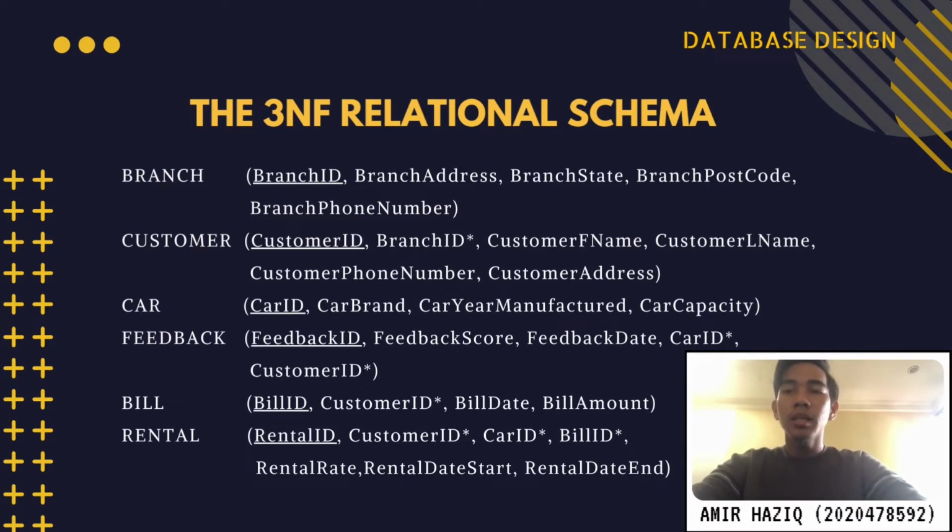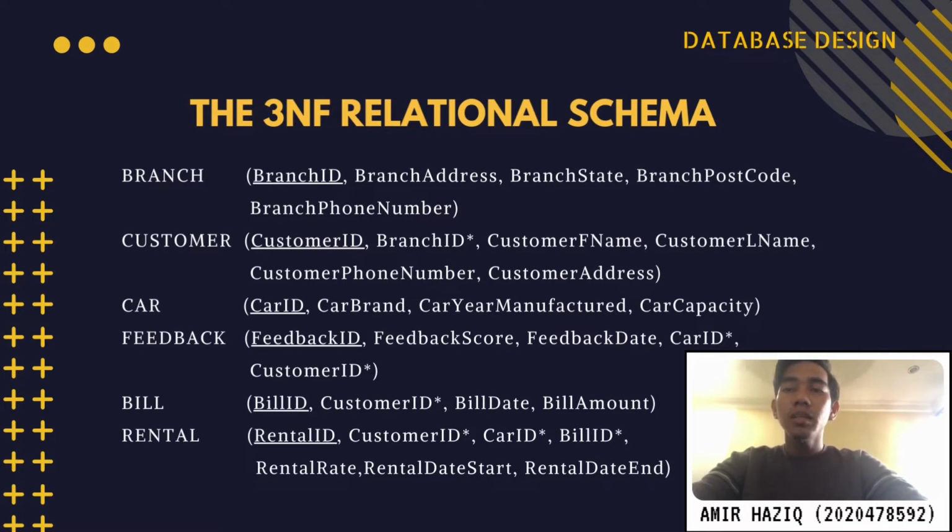The other attributes are customer first and last name, customer phone number and customer address. In the car entity, we have car ID as primary key and the other attributes are car brand, car year manufacture and car capacity. In the feedback entity, we have feedback ID as primary key, car ID and customer ID as foreign keys, and the other attributes are feedback score and feedback date.